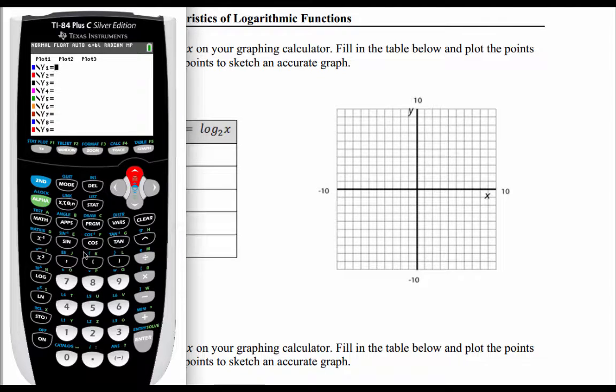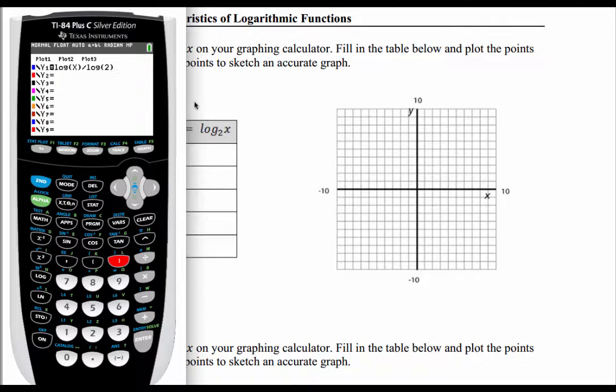So we use the change of base theorem, which basically tells us that if I take log of x and divide that by log of 2, that's equivalent to log base 2 of x. Okay, so that is logarithm base 2 of x.